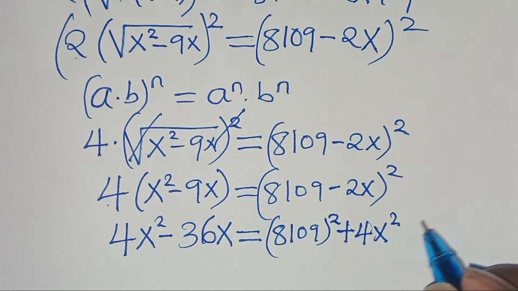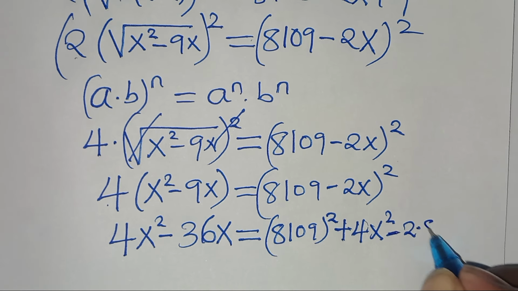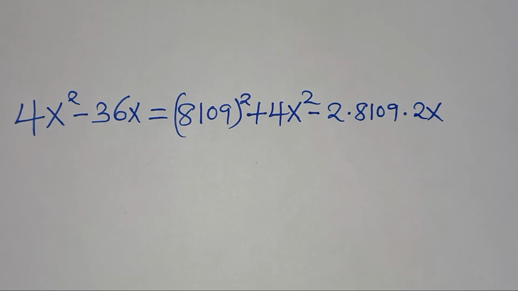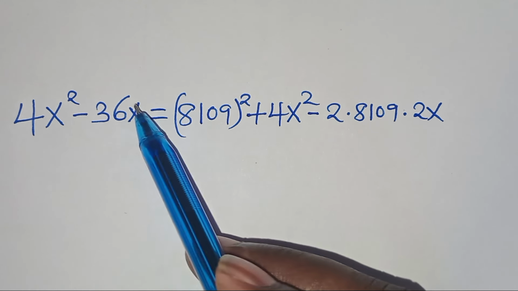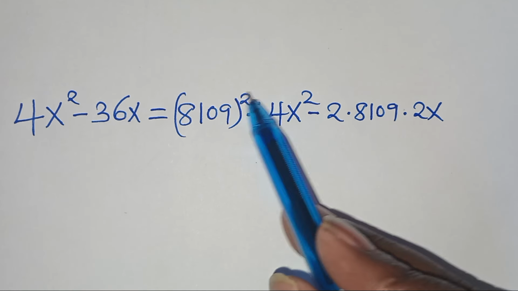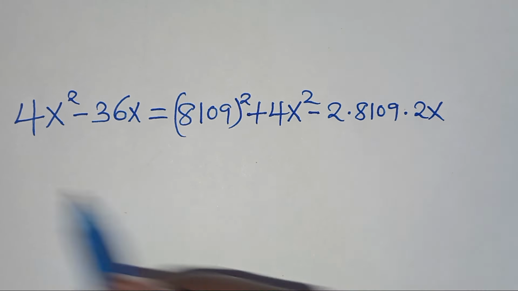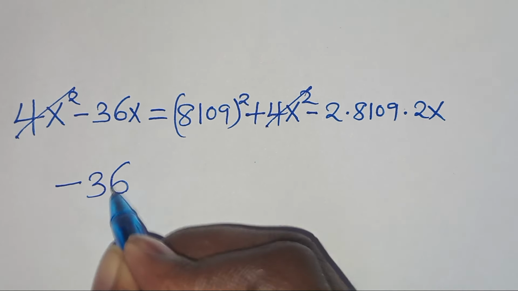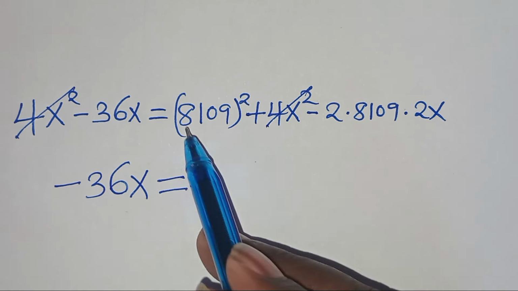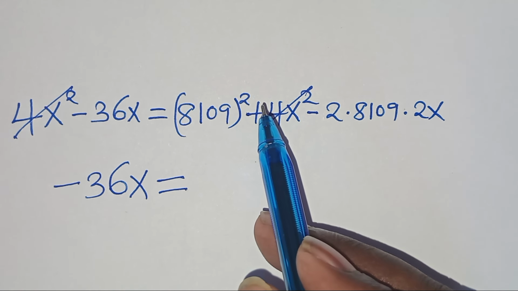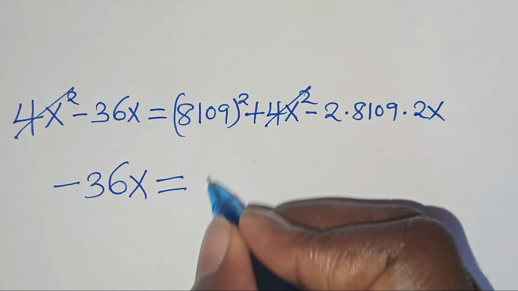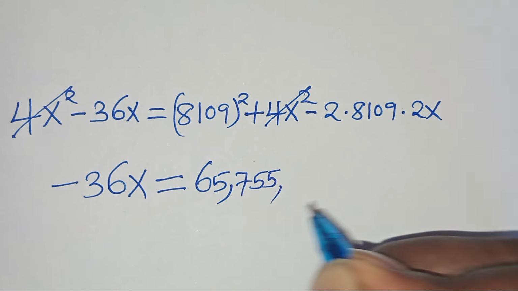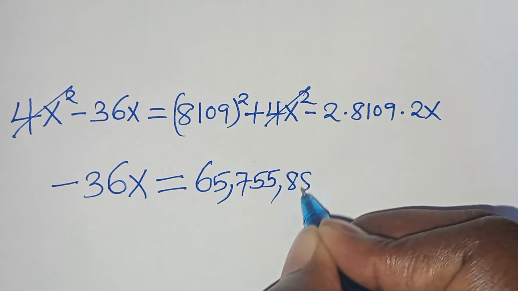Then we subtract 2 times 8109 times 2x. Now we have 4x squared minus 36x equal to 8109 raised to the power of 2 plus 4x squared minus that term. Remember, 4x squared simplifies away, so that we have minus 36x equal to 8109 raised to the power of 2, which is 65,755,881.